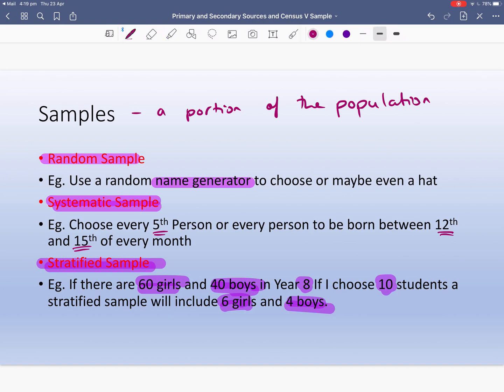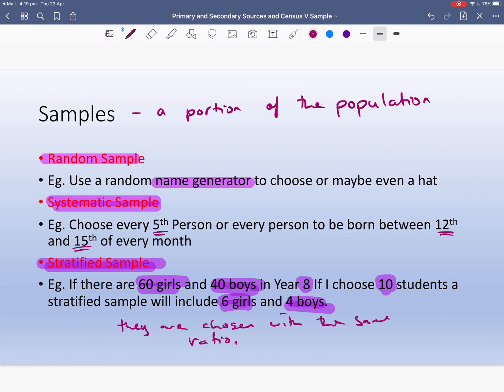So I can't choose more boys than girls. I have to choose in the same ratio. They are chosen with the same ratio.